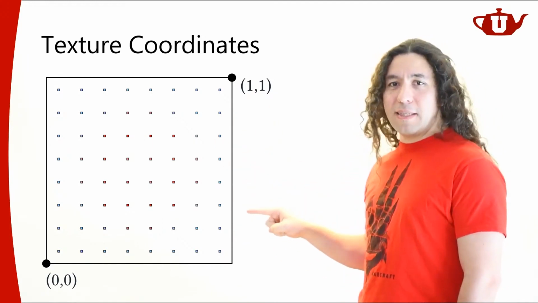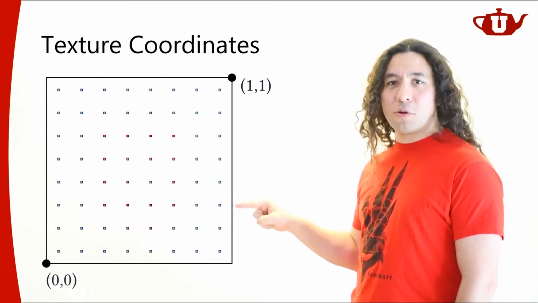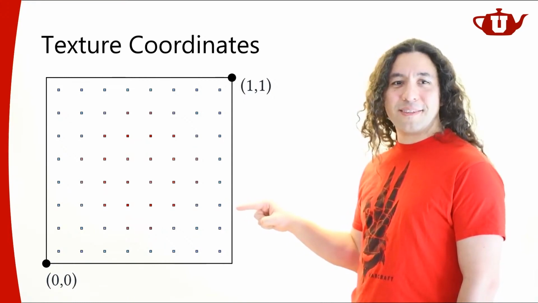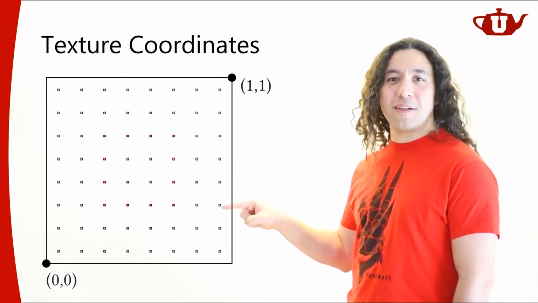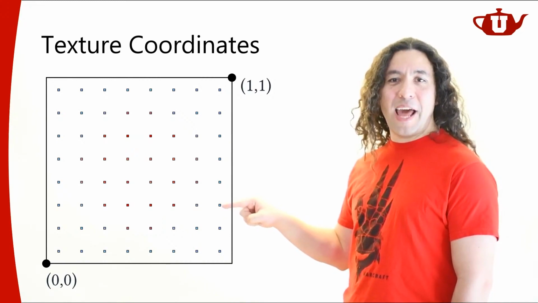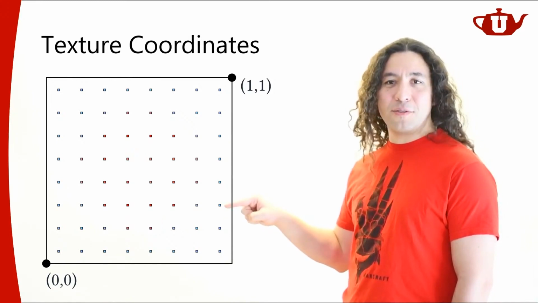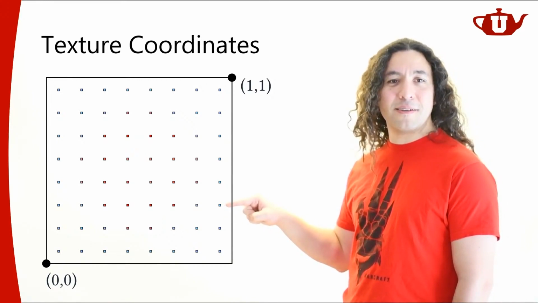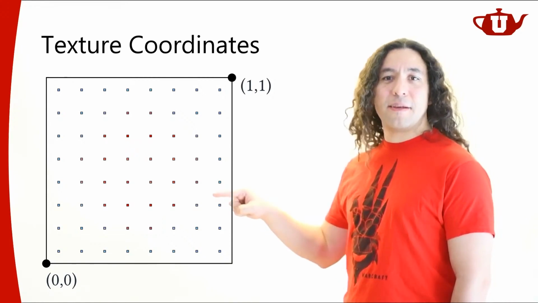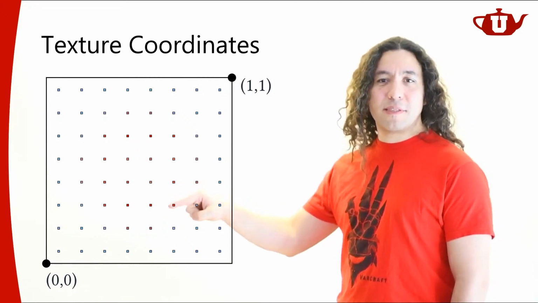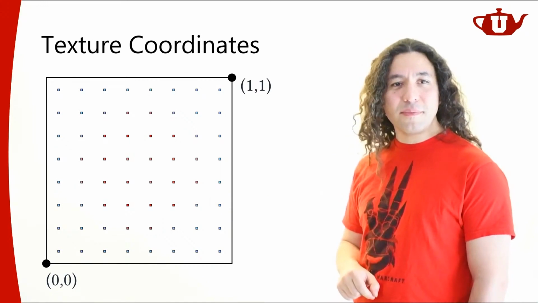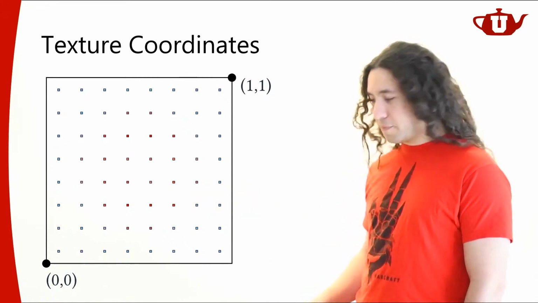Notice that these samples are sort of close to the edge, right? Because there's a half a pixel distance between this edge of the texture to the closest texel here, and then 1 pixel spacing between these other texels.